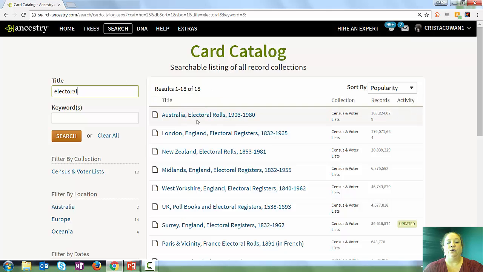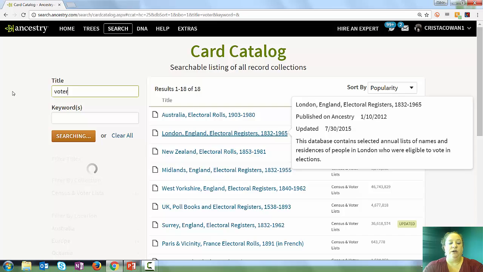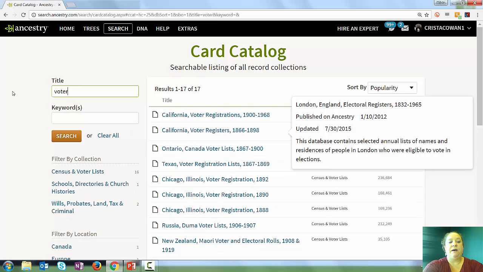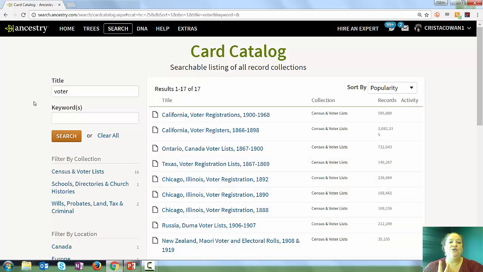They're either going to be called electoral rolls or electoral registers, or you can type in the word voter, and you'll notice that most of the records that come up for the word voter are for those inside of the United States. Now that's just kind of a general guideline, that is not an absolute, but those two words should get you access to almost all of this type of record on the site that you need.